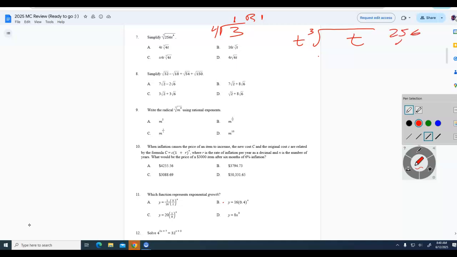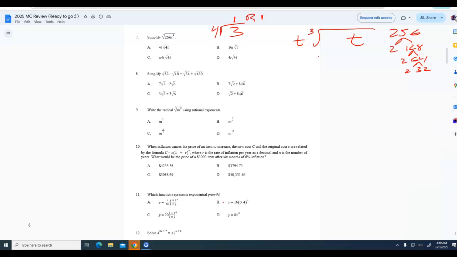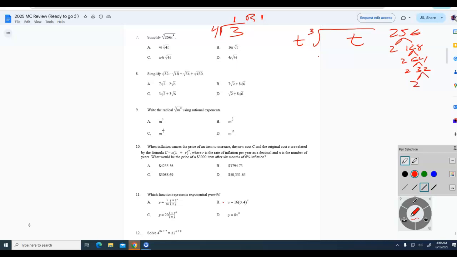So 256 is 2 and 128, 2 and 64, 2 and 32, 2 and 16, 2 and 8, 2 and 4, 2 and 2. Groups of 3, I should say.